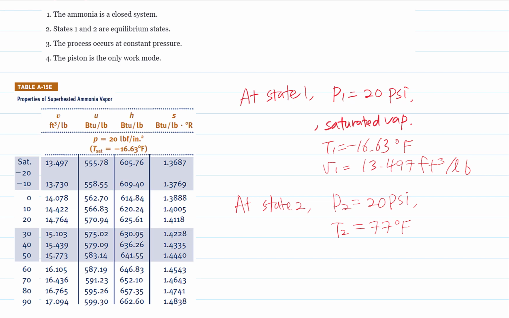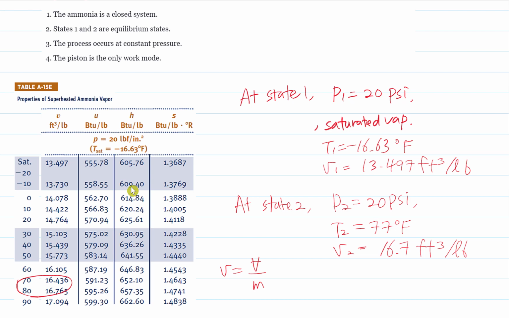So use the tables to determine the specific volume at state 2. At 77 degrees, we need to interpolate the properties. v2 is calculated to be 16.7 cubic feet per pound. From the definition, specific volume is volume over mass.